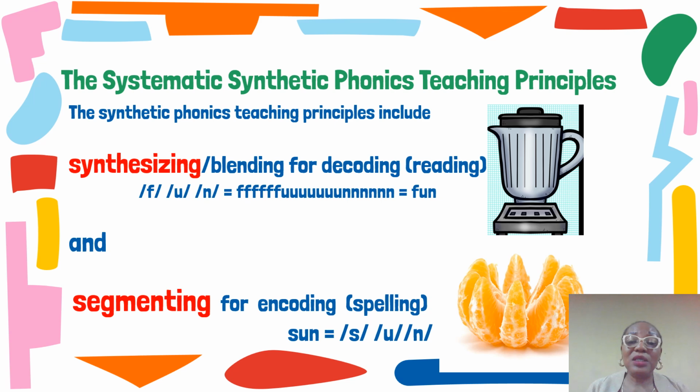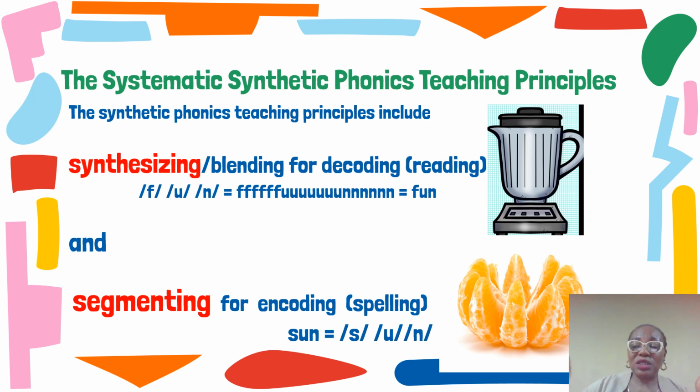The systematic synthetic phonics teaching principles involve 2 basic principles, which are synthesizing and segmenting. Synthesizing has to do with blending sounds together for decoding or for reading. The process is very simple.